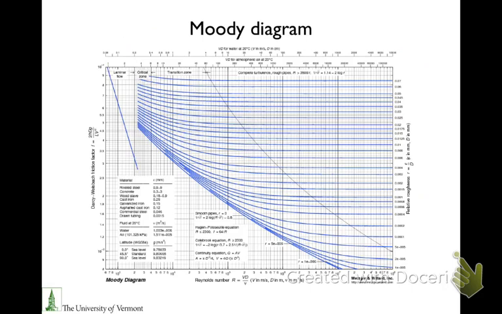The Moody diagram plots the friction factor as a function of the Reynolds number and the roughness of the pipe. If you know the Reynolds number and the roughness of the pipe, you can get the friction factor and therefore the head loss.